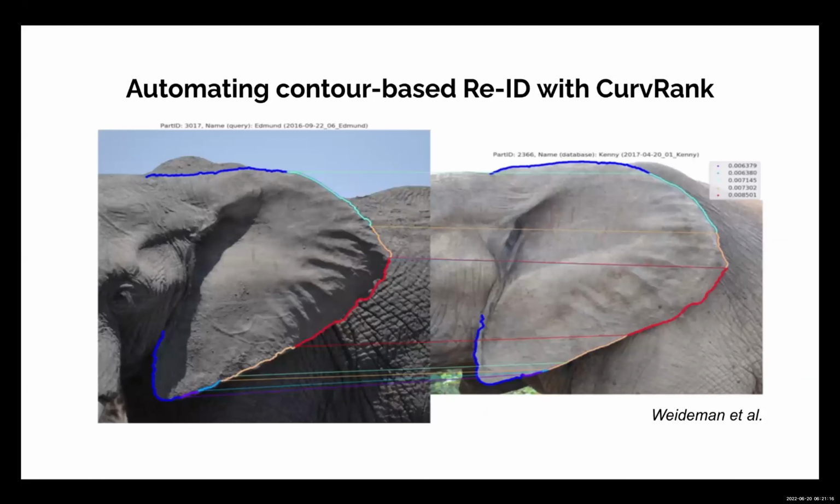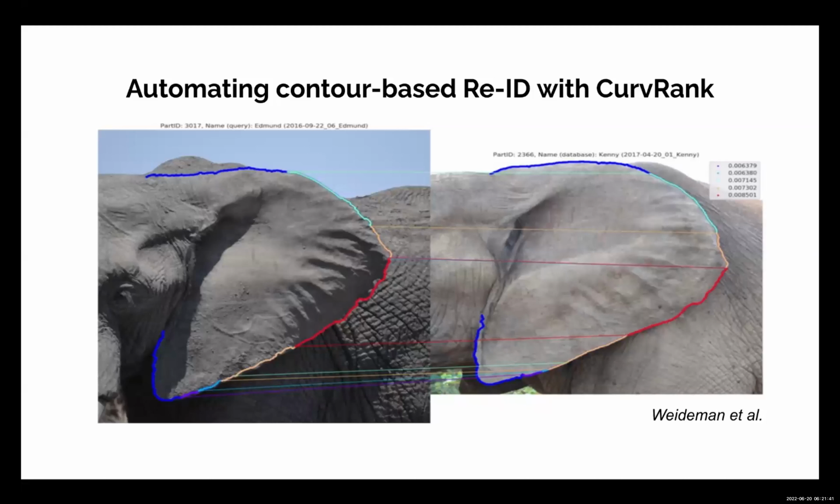And so there had been some previous work, also mostly with a student of Chuck Stewart's, looking at trying to take a contour-based matching system that was originally built for recognizing individual whales based on their fluke contours and adapting that to elephant ears, which are much more flexible and tend to have much more complex backgrounds.